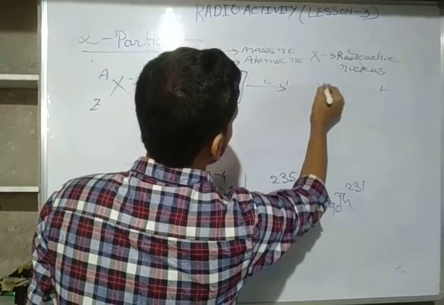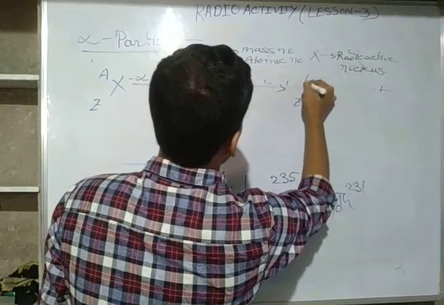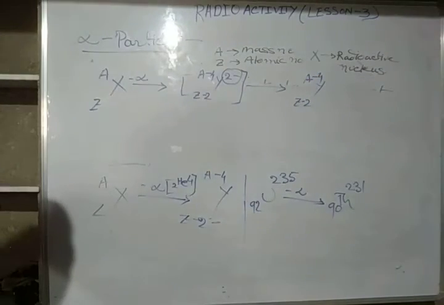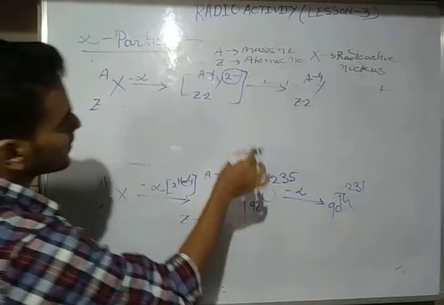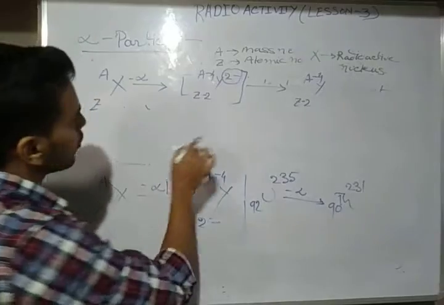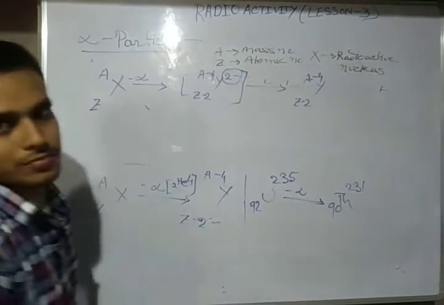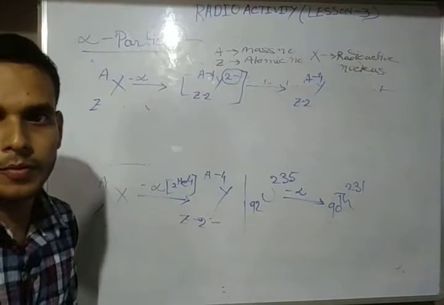Then it becomes He 4. As a result, in the nuclear reaction we get not charged product, only chargeless product.